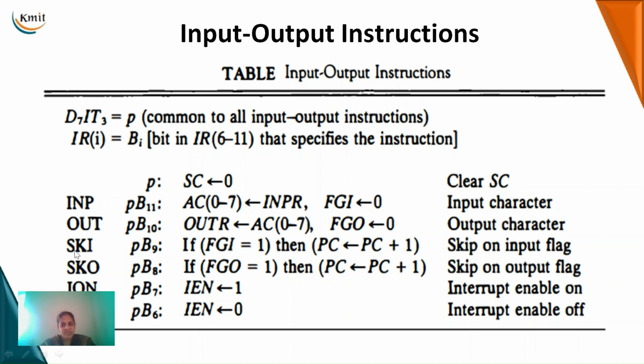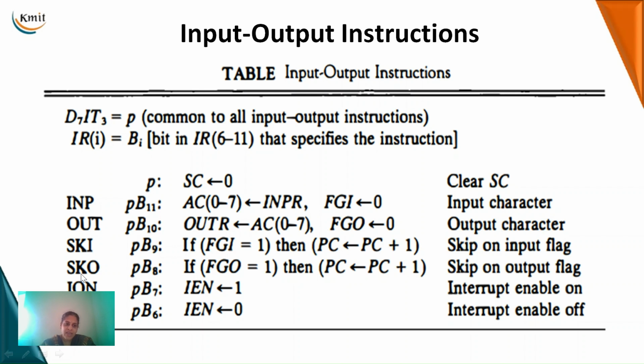Next instruction is SKI, which we call skip on input flag, which means it checks the status of the input flag. If the FGI flag is 1, then we skip the next instruction in the program order. That is done by PC implies PC plus 1.